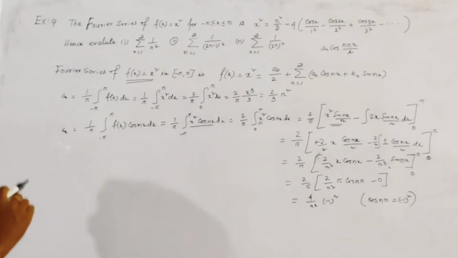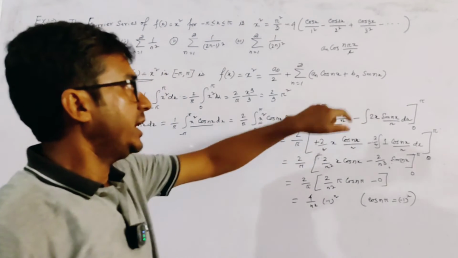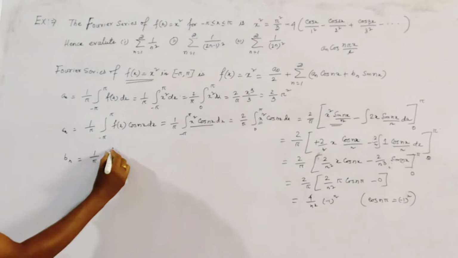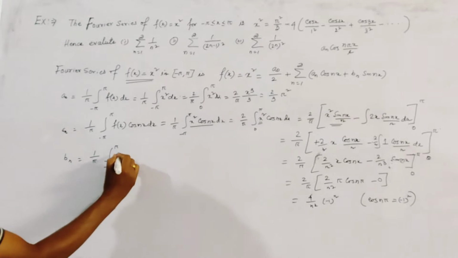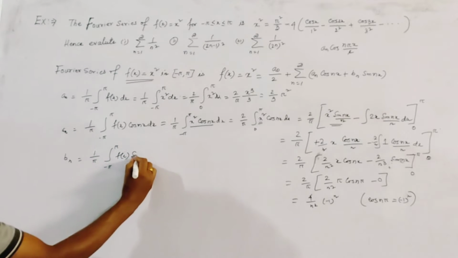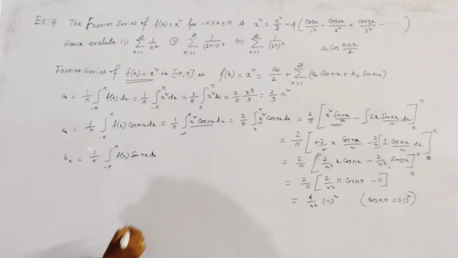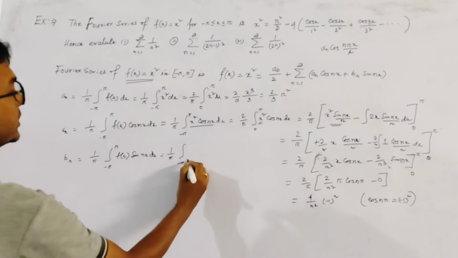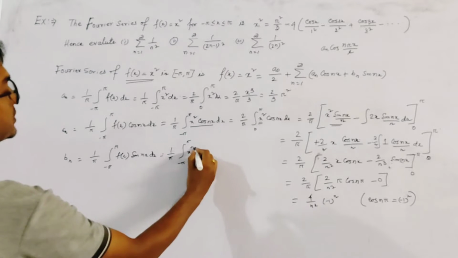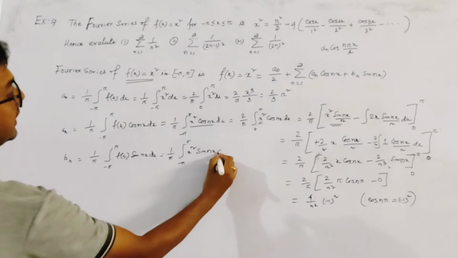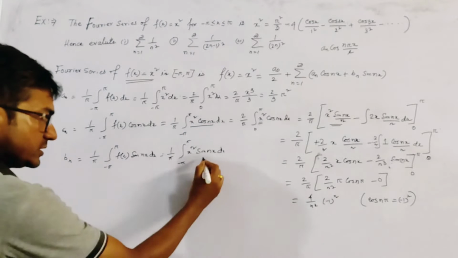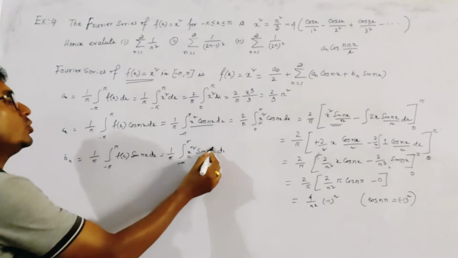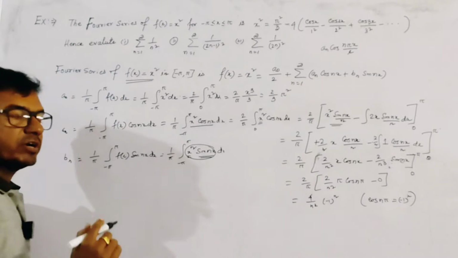Now we find the other Fourier coefficient b_n. What is b_n? b_n is most easy, 1 by pi integration minus pi to pi f(x) sin nx dx, and this is 1 by pi integration minus pi to pi x square sin nx dx, and sin nx is an odd function and this is an even function, so totally it is an odd function.